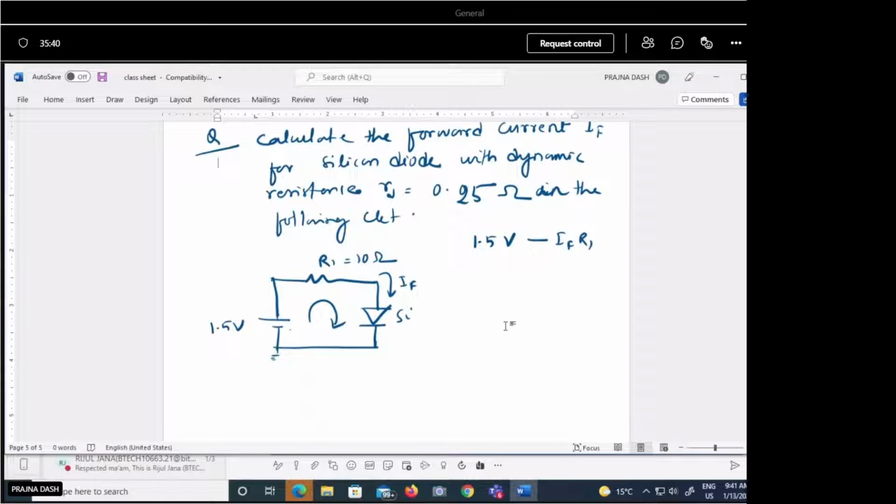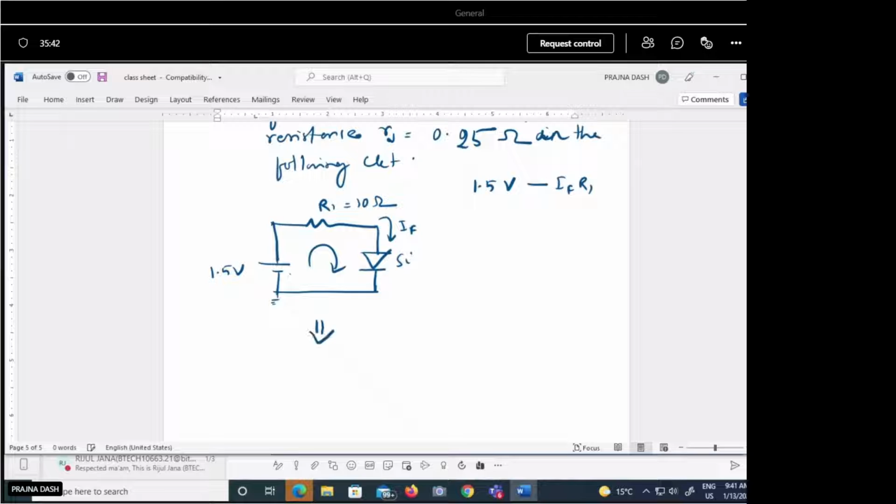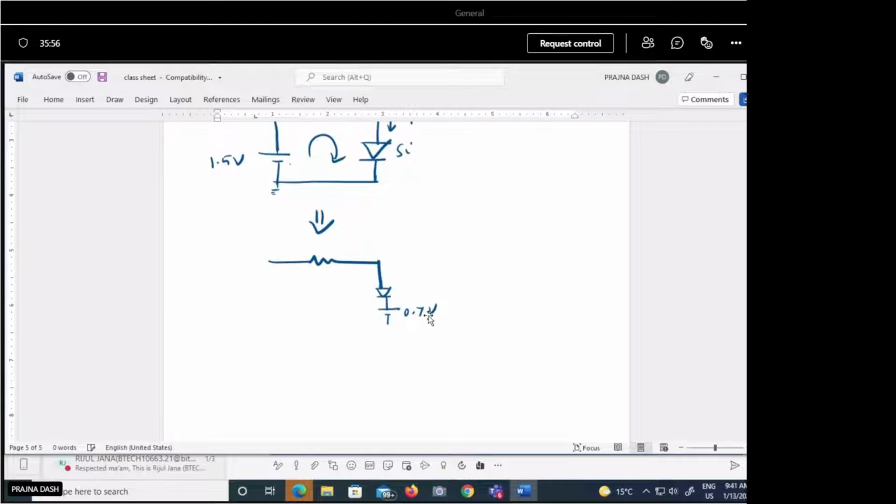As we have seen, this silicon diode can be replaced by an ideal diode, then by a voltage of 0.7 volt, then one dynamic resistance RD, whatever value is given, and this is the applied voltage 1.5 volt. In the forward biased condition, this diode can be replaced by a short circuit equivalent.